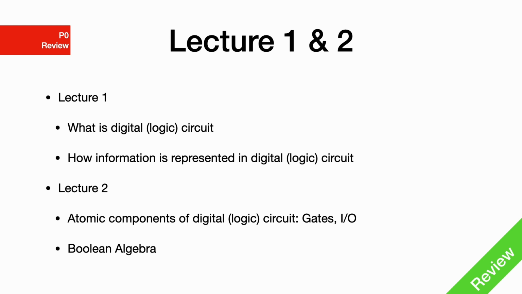such as float numbers. In Lecture 2, we discussed the basic components that you can use to design a digital or logical circuit, namely the gates, as well as some very simple I/O devices. In our examples, the only I/O devices we care about in LogicWorks are the binary switches and the binary probes.